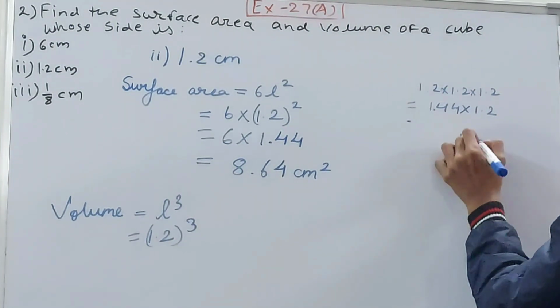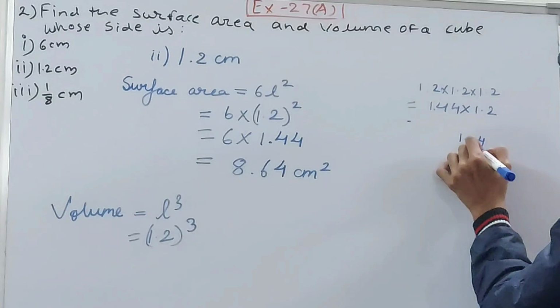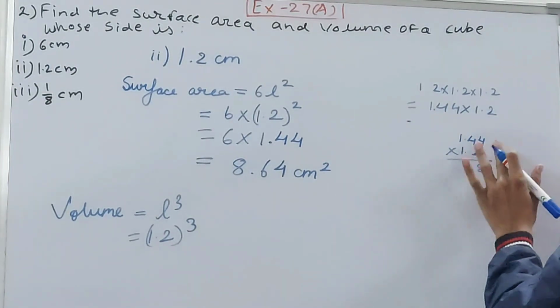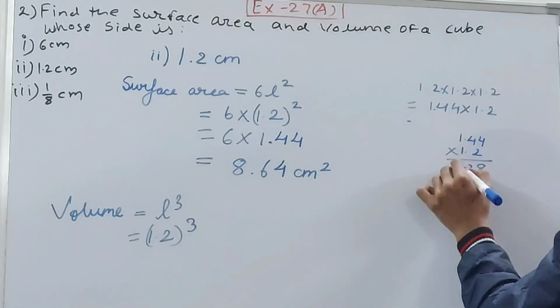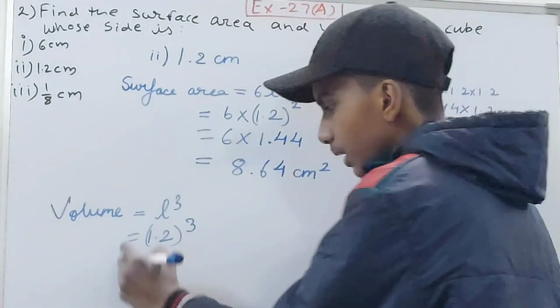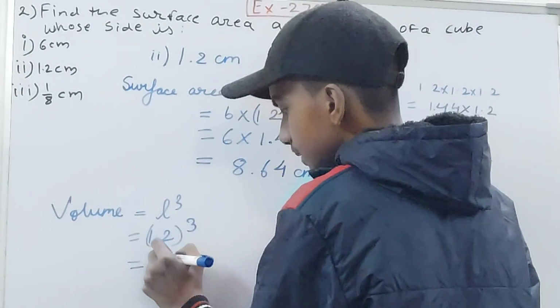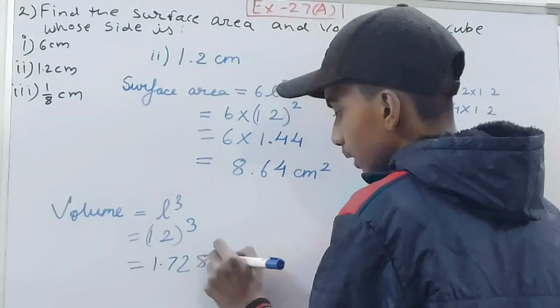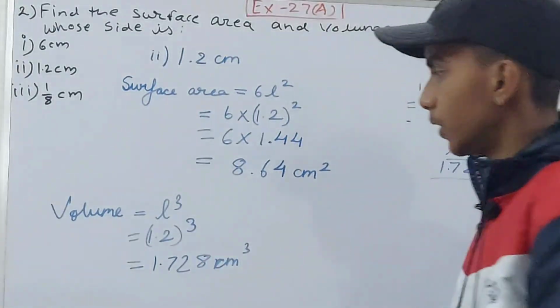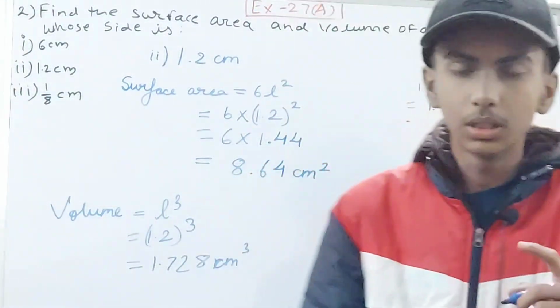Let's multiply. Let's see what do I get here. 12 fours are 48, 4 carried over, 5 carried over. Put the decimal point after 3 places. So you have got 1.728 cubic centimeters as the volume of this cube.